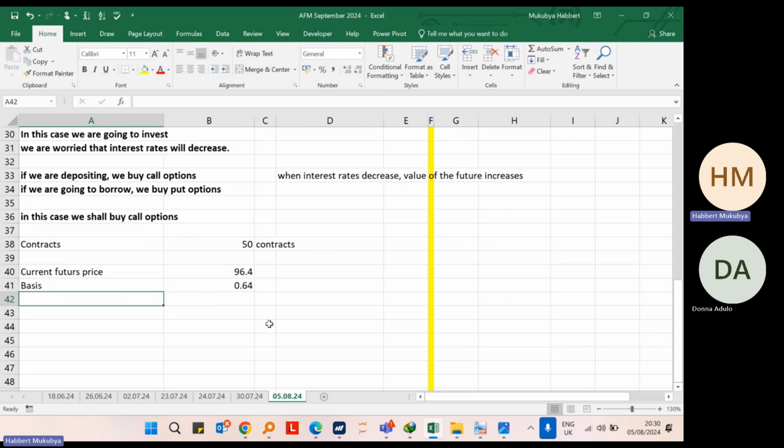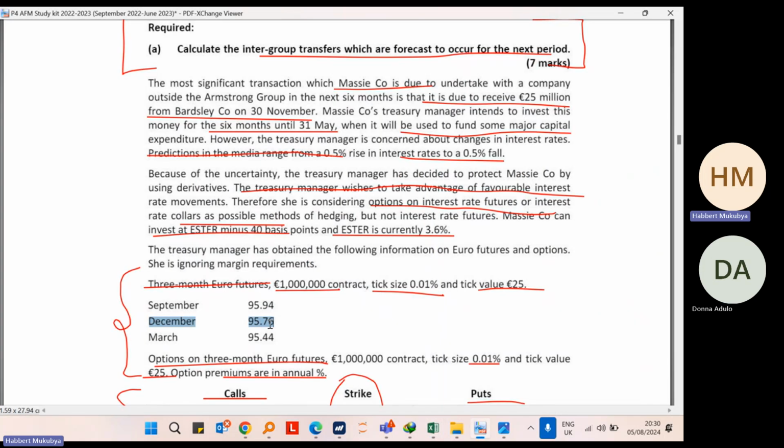But how many months are there between now and when we get the loan? We are receiving in November and we are doing December. So there's 1 month there.